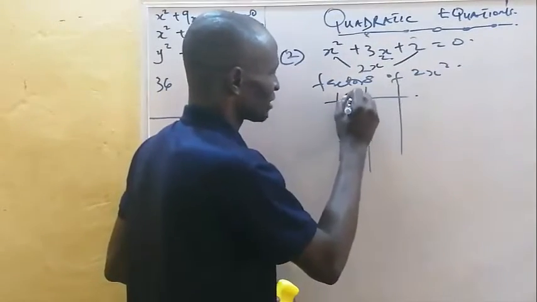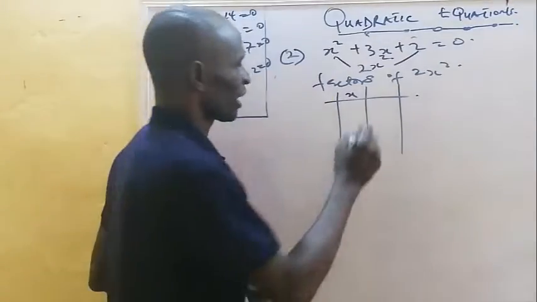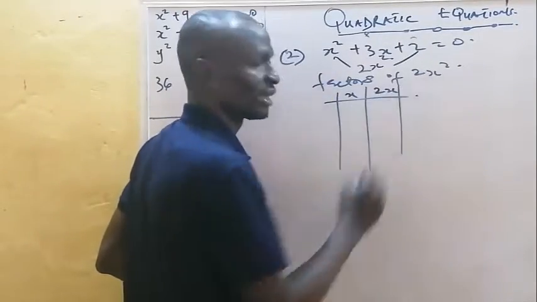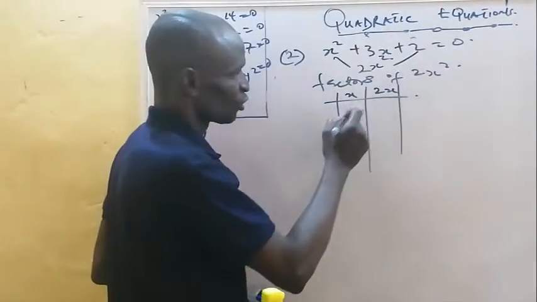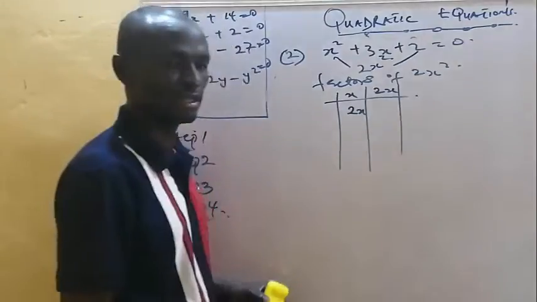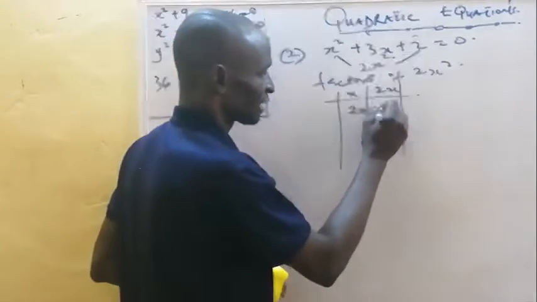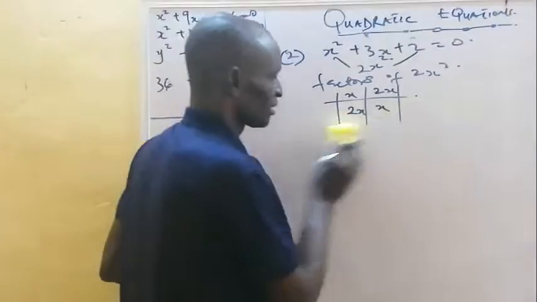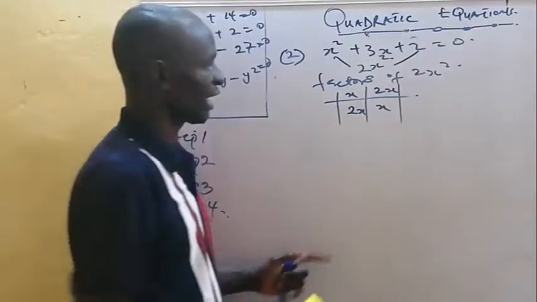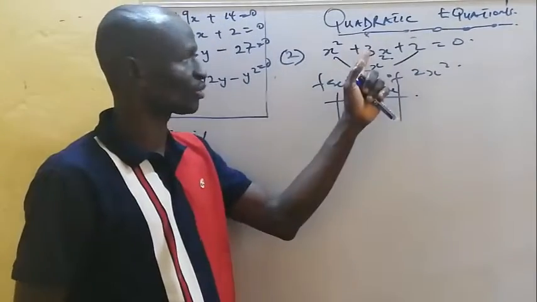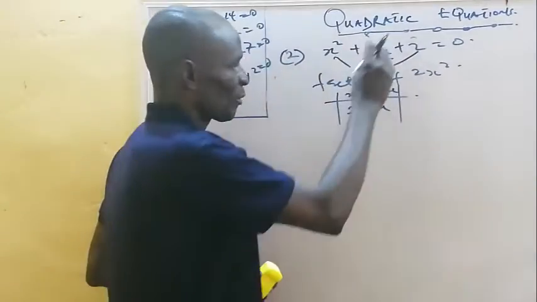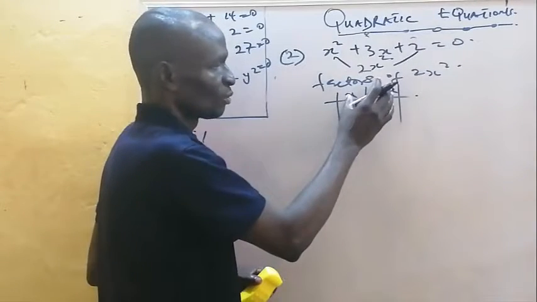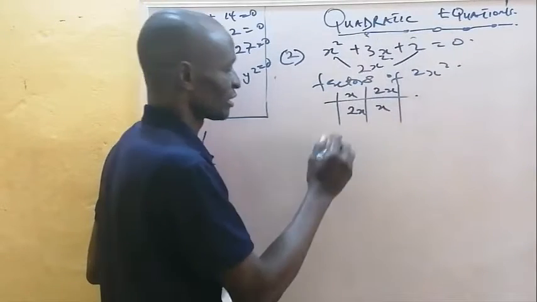The first, x. x times what to give me 2x squared? That's x times 2x. Obviously 2x. x times what to give me? That's x. So that, obviously, I know that x plus 2x is equal to what? 3x. I'm going to replace 3x with x plus what? 2x.